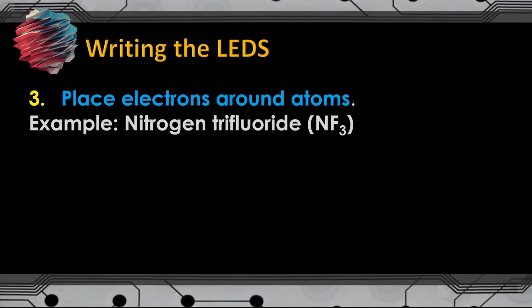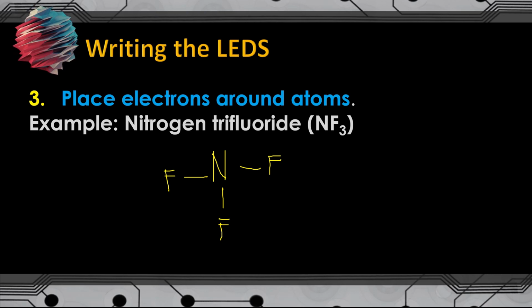We will now try to distribute the electrons. Since nitrogen is the central atom, we will be placing it in the middle. We'll then form single bonds, first for each of the fluorine atoms. Having done that, we will distribute the remaining electrons. From the 3 pairs of bonds, we already have 6 electrons, thus we have 20 more to distribute.